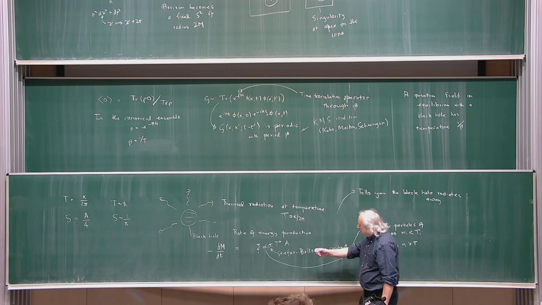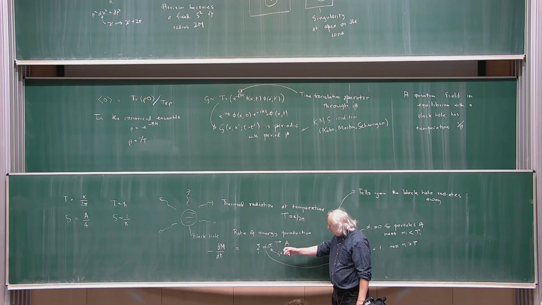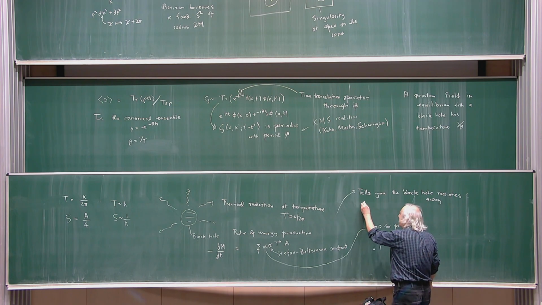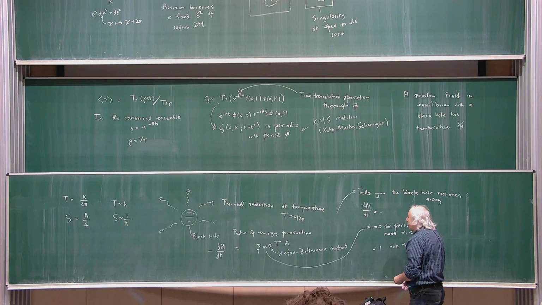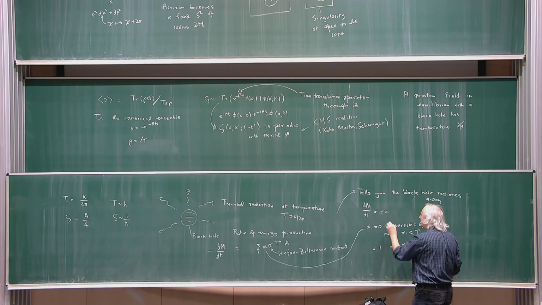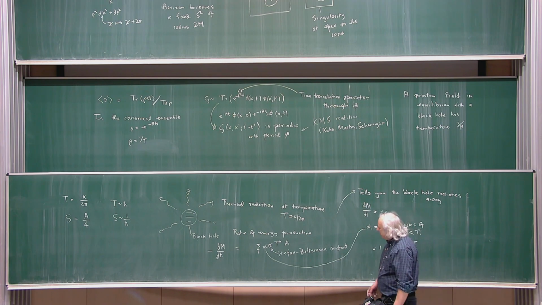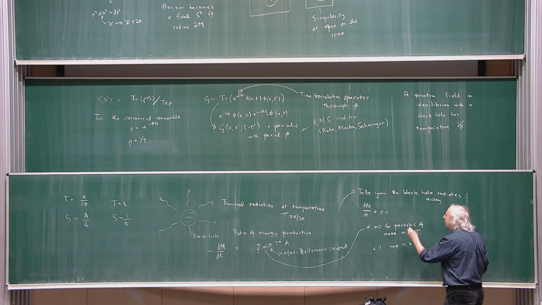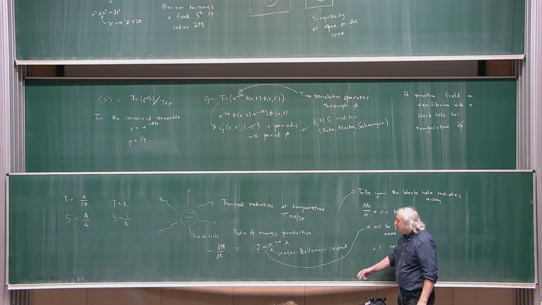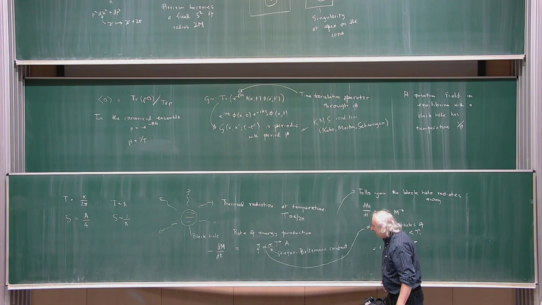We know that, if we just look at Schwarzschild black holes, it's easy to integrate this thing up. We're going to discover that dm/dt is equal to minus some constant of order 1, times T to the 4th, that's 1 over m to the 4th, and some numbers. The area is some numbers times m squared.